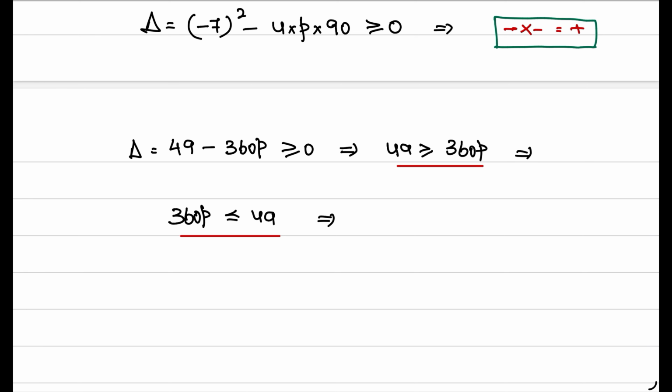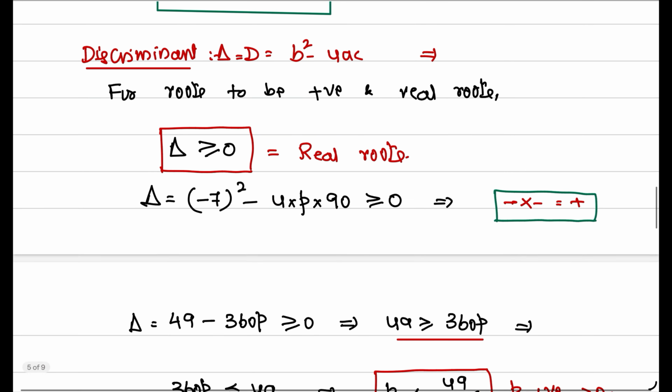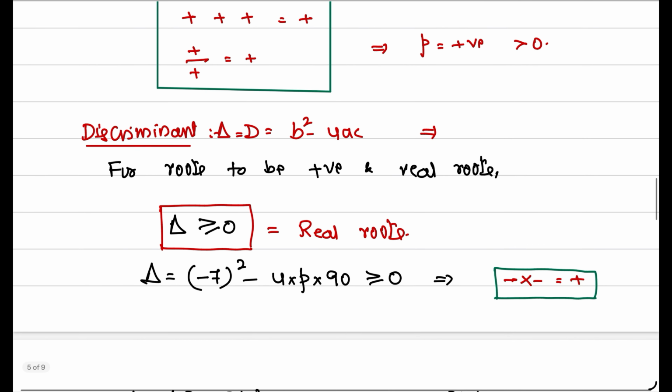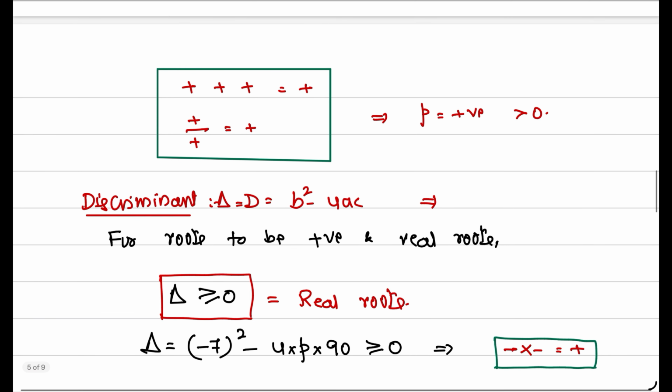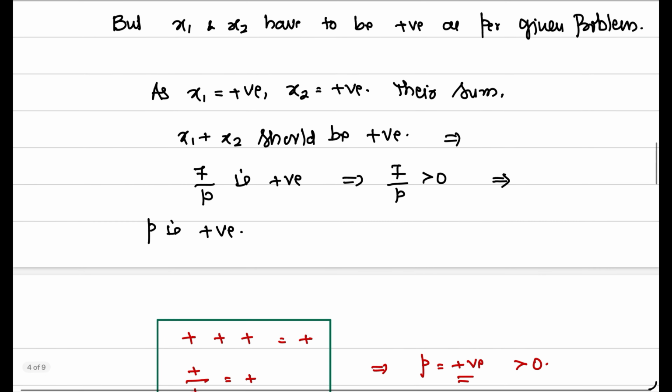That implies p should be less than or equal to 49 by 360. This is the answer. And at the same time, p is positive, that means greater than 0. p cannot be negative, as we found previously, it should be positive when the roots are positive.